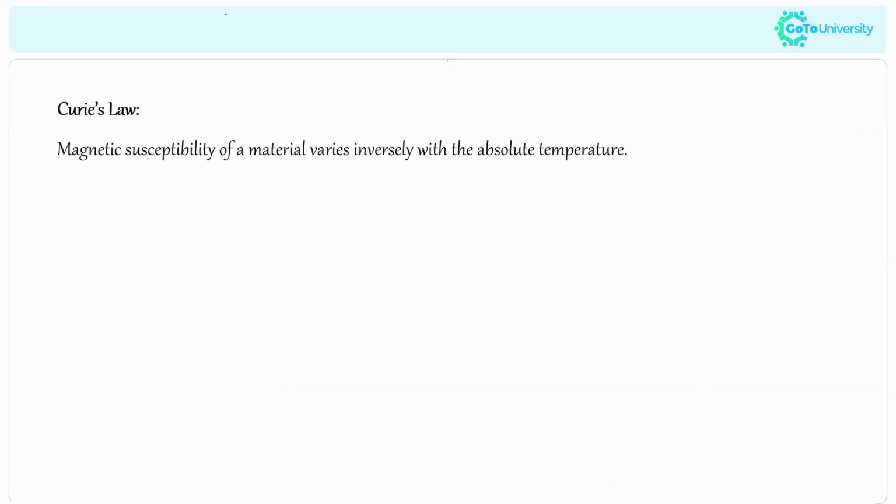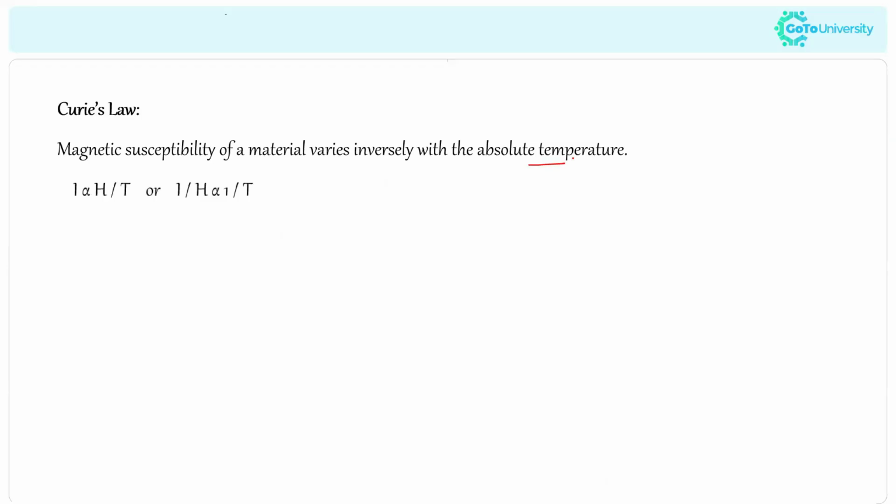Okay. The next one is about Curie's law. This is very important because Curie's law tells us about the relation between magnetic susceptibility and temperature. The magnetic susceptibility of a material is always inversely proportional to the absolute temperature.